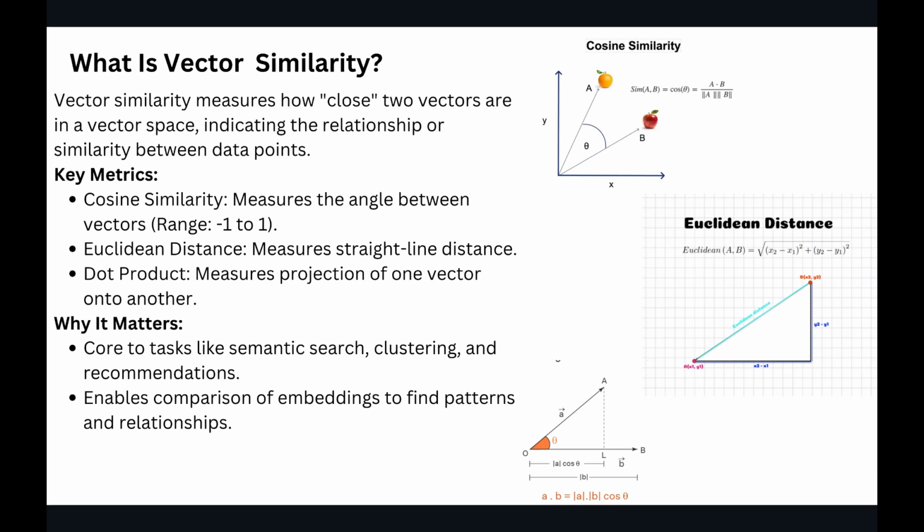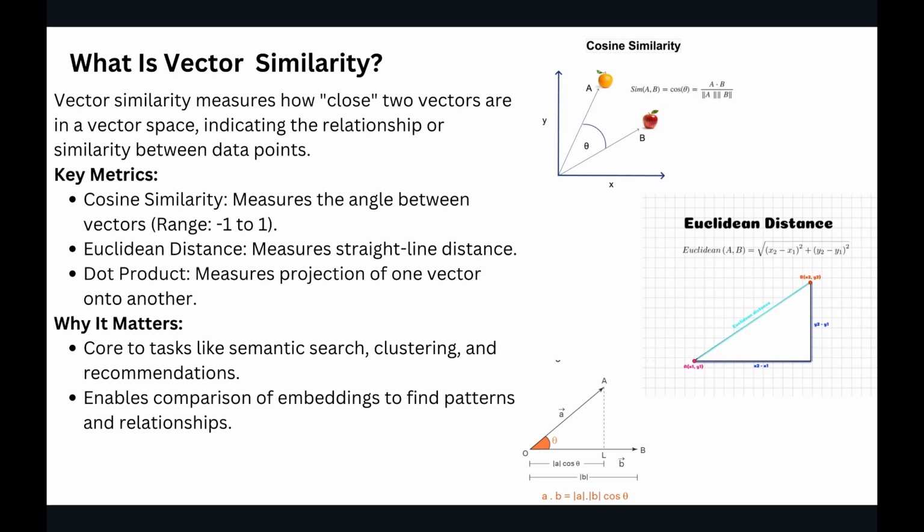If the angle between two vectors is small, that means the vectors are more similar. If the angle between them is very large, that means they are not that similar. So to represent that, we take the cosine of the angle between two vectors, and that is used as a similarity measure.